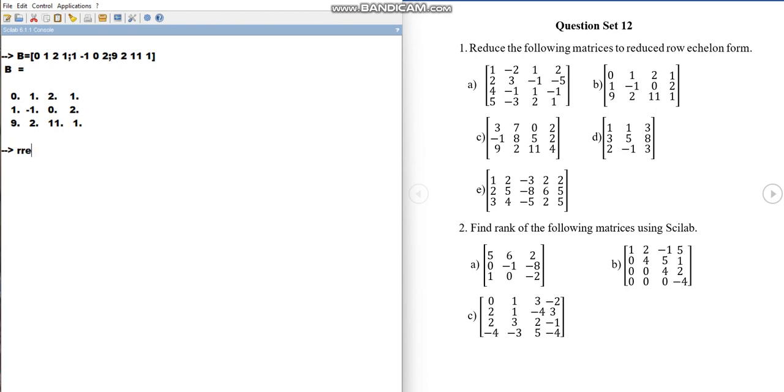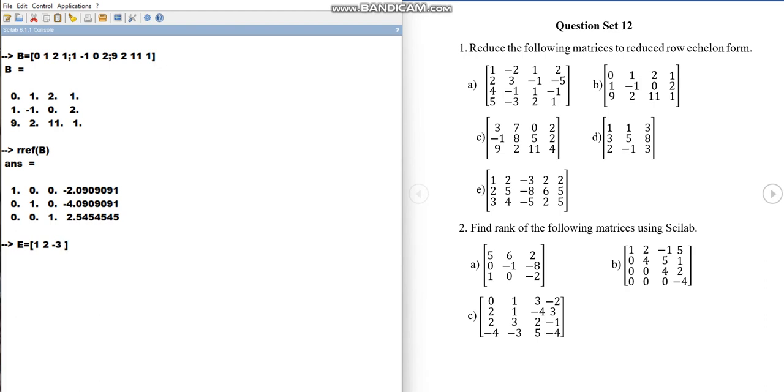Now RREF, the name of the matrix is B. So this also has a pivot position in every row, but not in every column. The A question, just consider it for homework, and let us solve the question E.